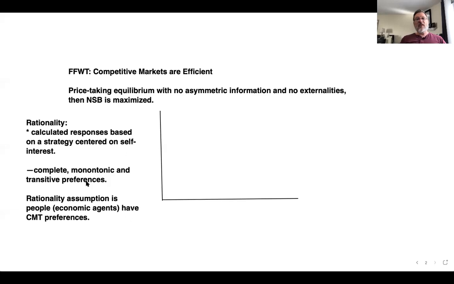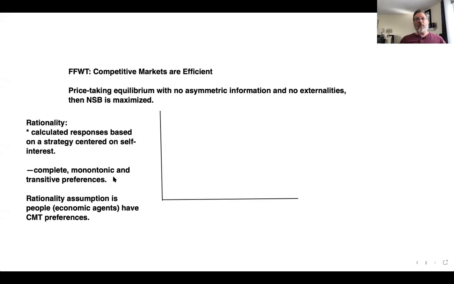So the type of theory that we're talking about in this class is what we would call neoclassical economics. And that assumes that all the agents are rational. And it's kind of like Newtonian mechanics. It explains most everyday situations really well where economics has something to contribute.